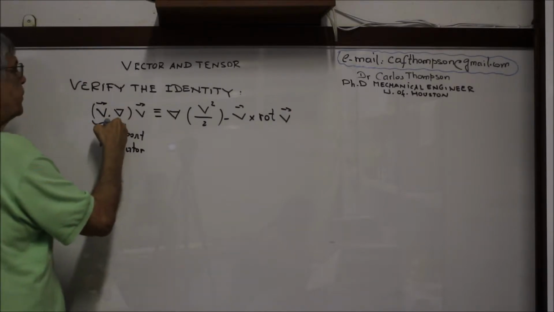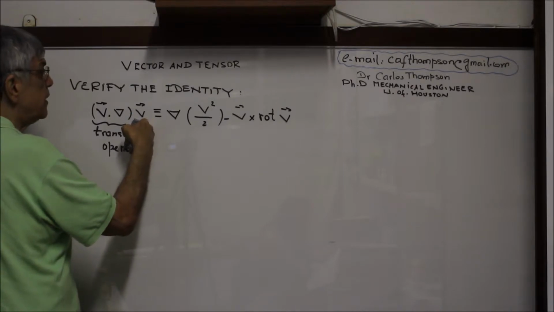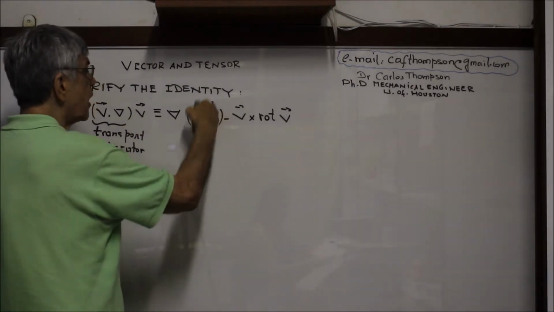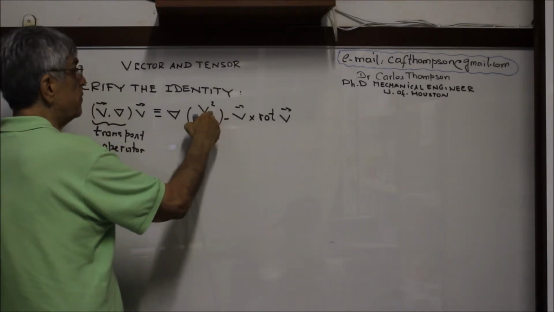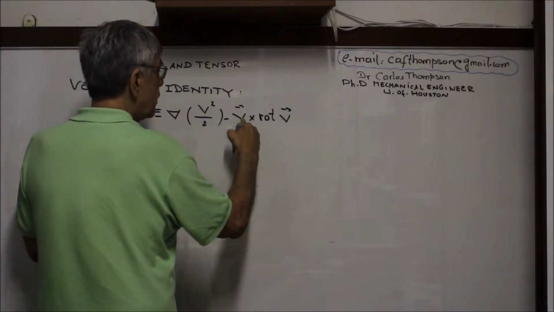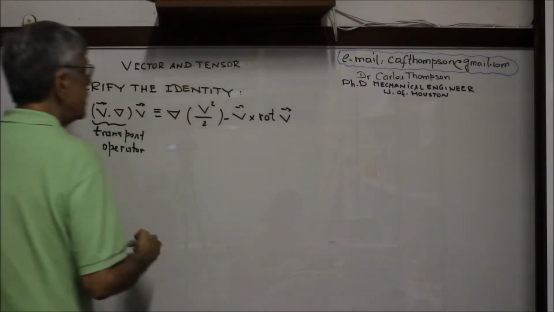V dot nabla, this operator operating on V, the velocity, is identical to the gradient of this scalar. V here is the magnitude of vector V. So V squared over 2 minus V cross product with the rotational of V.